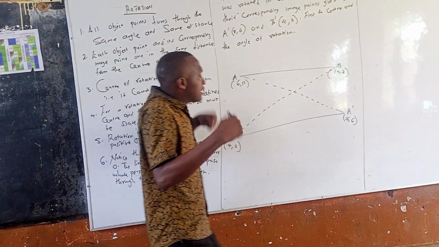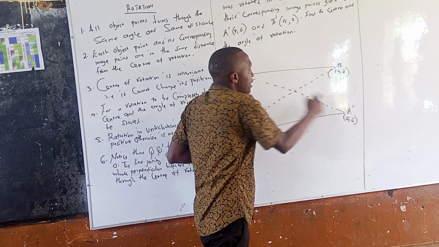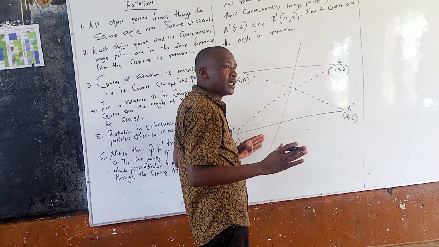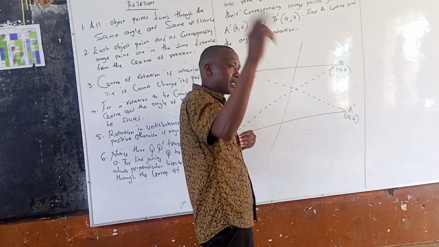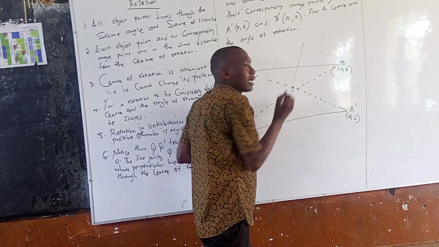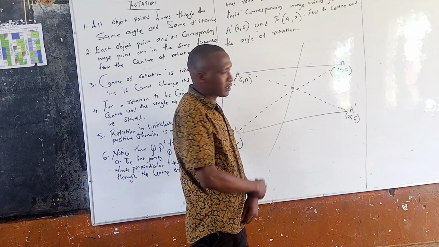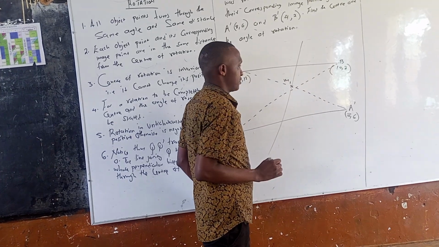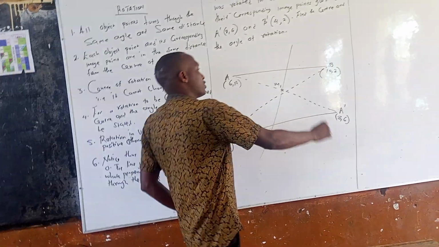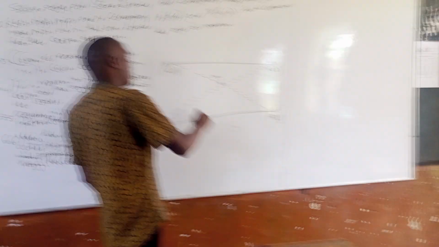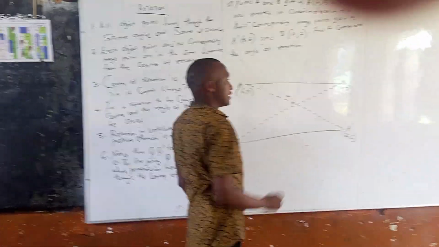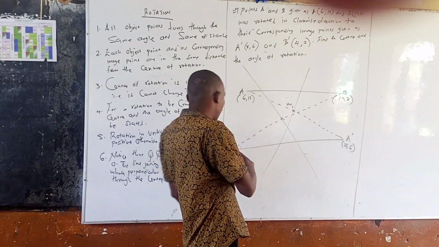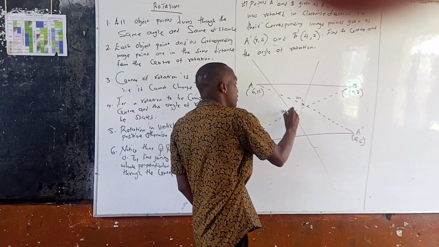Perpendicular bisector means it divides the line into 2 equal parts, so this point is the midpoint of the line. And there must also be a perpendicular bisector of B to B image, whose point is midpoint number 2.